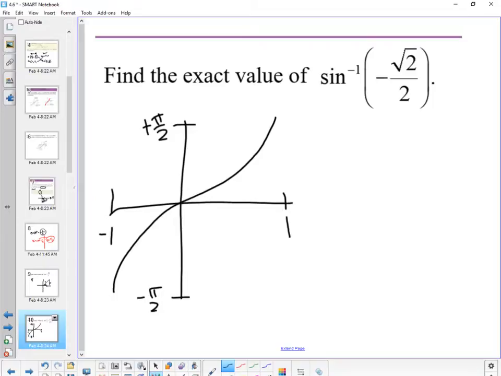What would that put me at? It would be at negative pi fourths, because that value would have to be here somewhere. So it has to be the negative version of the angle, negative pi fourths, and I can't go further than that. If I went over here, I wouldn't satisfy that value. Is that what you were saying? That makes sense.